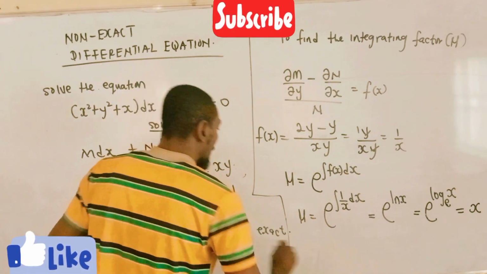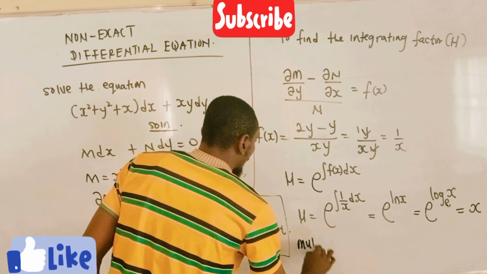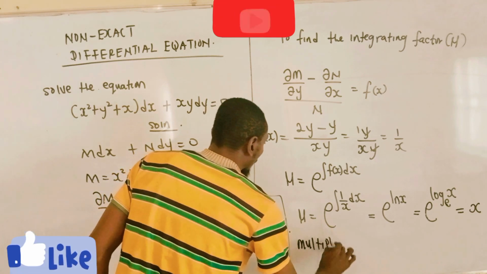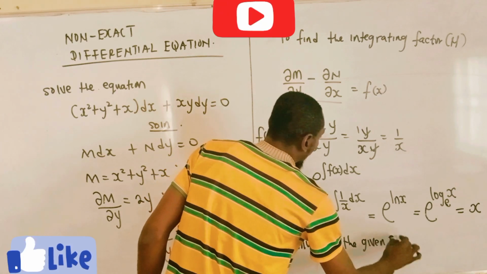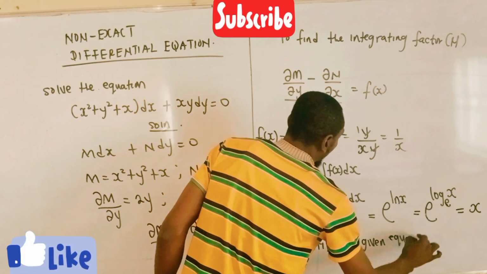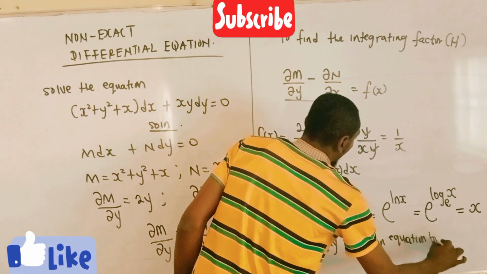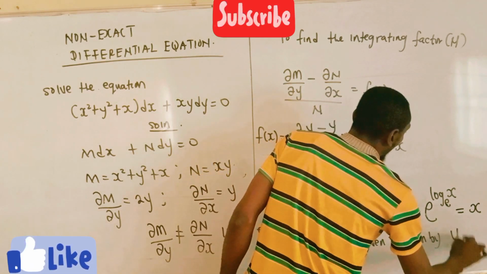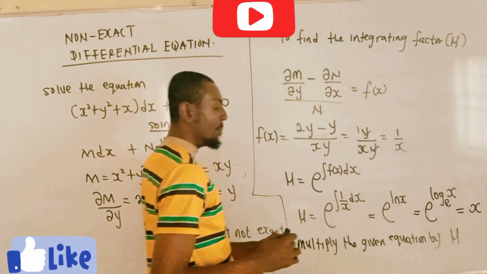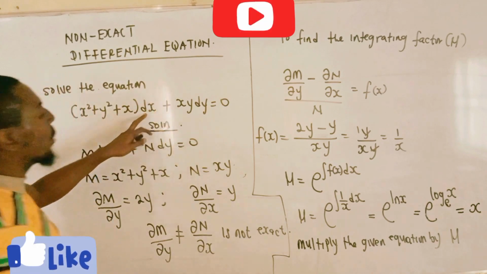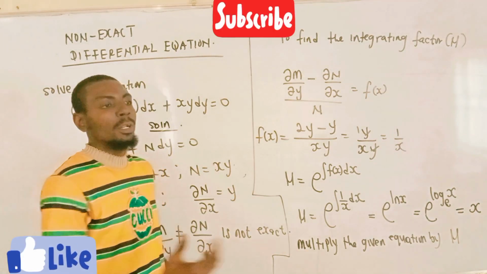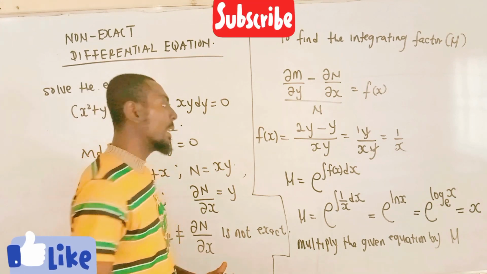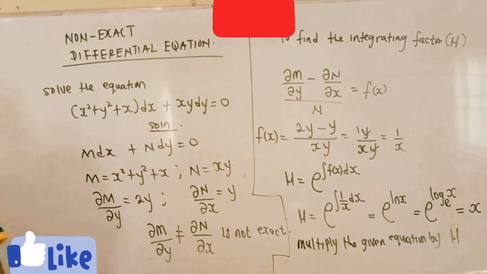So we are going to multiply the given equation by our integrating factor mu, so that we check if the equation is now exact or not.